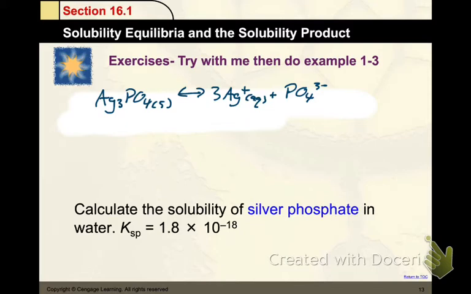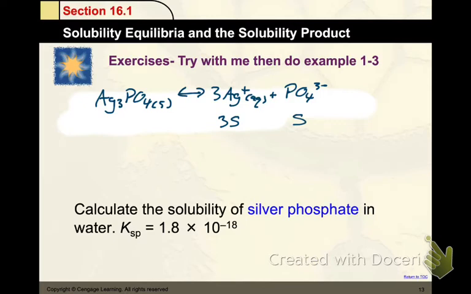All right, now here again, you could do the ice table if you want to, or if you want to sort of shortcut this, we could call this 3S and this S. S is sort of just replacing X, calling it S for solubility. It's going to turn out, if you do the ice table anyway, 0 for the initials, plus 3 times for the silver, and then just 1 for the phosphate.